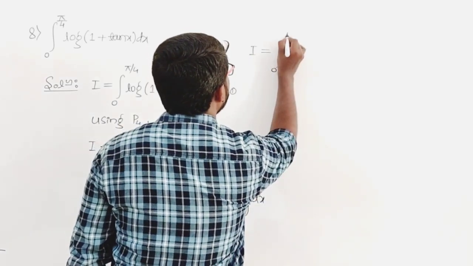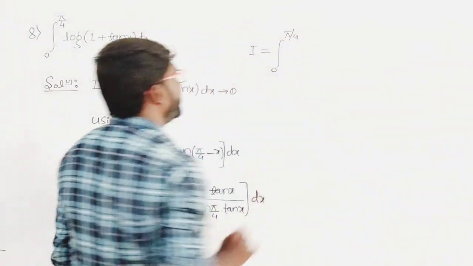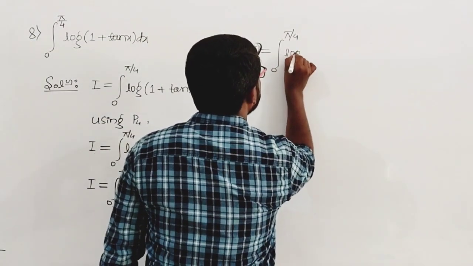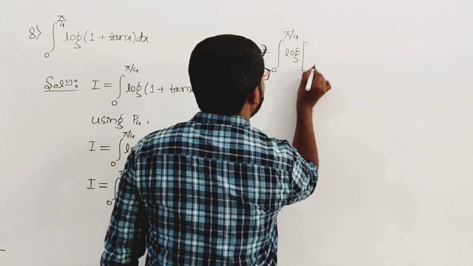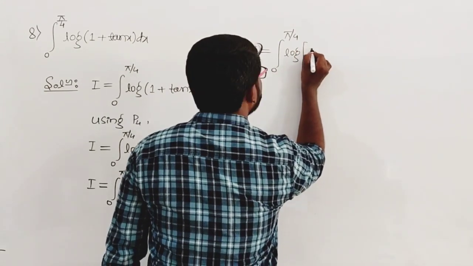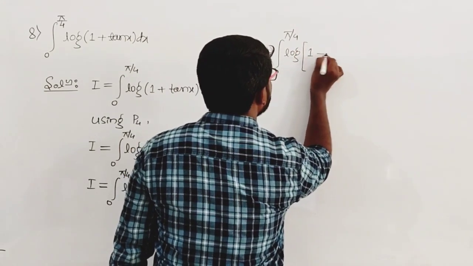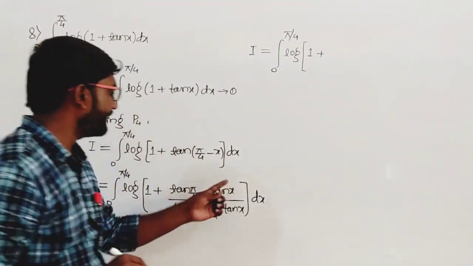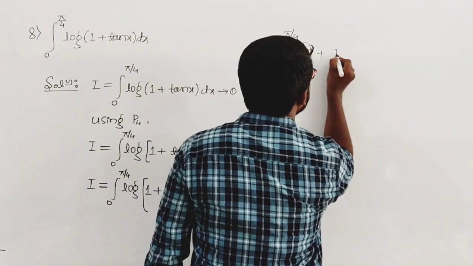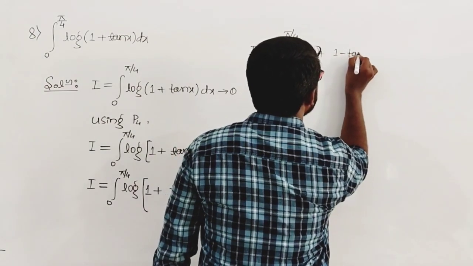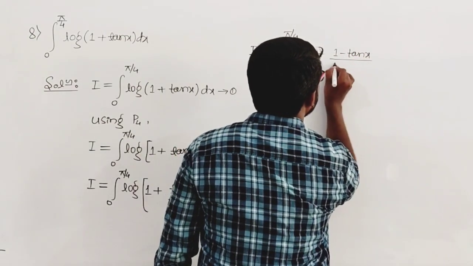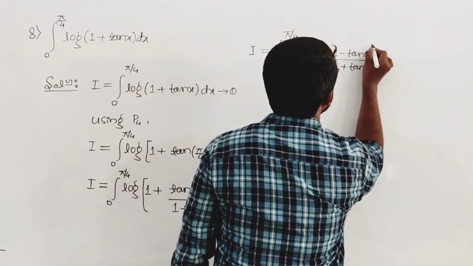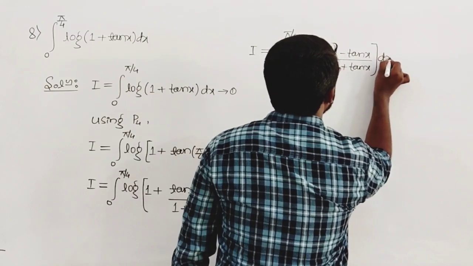So now in the next step, I is equal to integral 0 to pi by 4 log, so in the main bracket 1 plus, so here tan pi by 4 is 1, we get (1 minus tan x) divided by (1 plus tan x) dx.